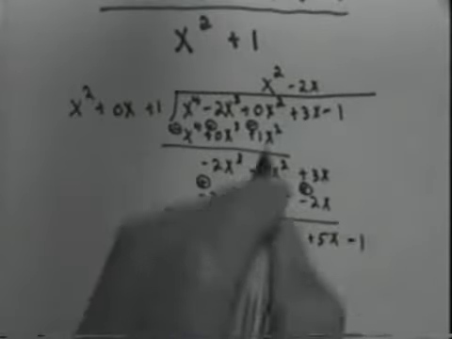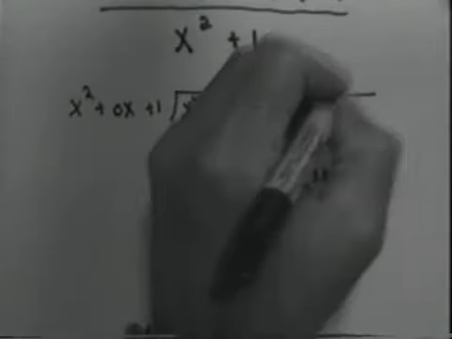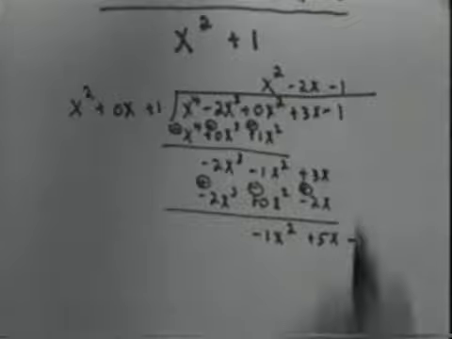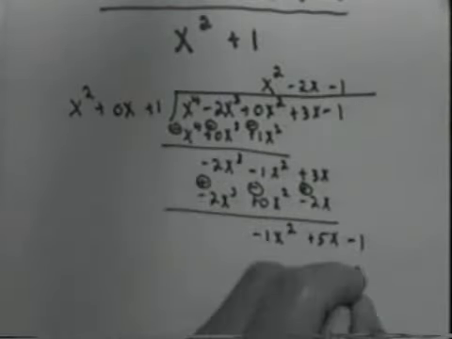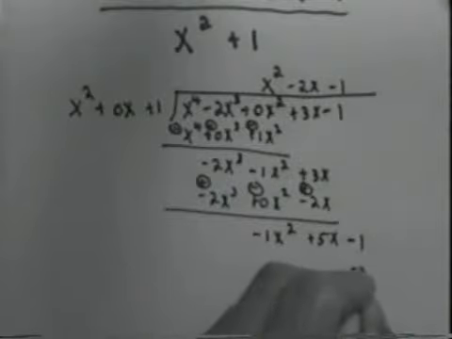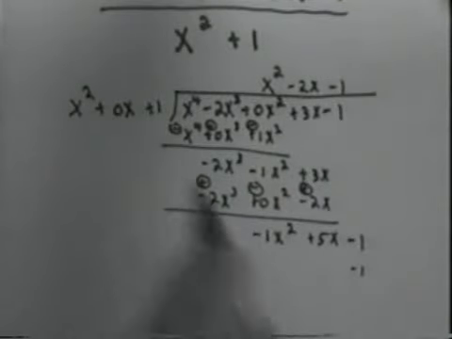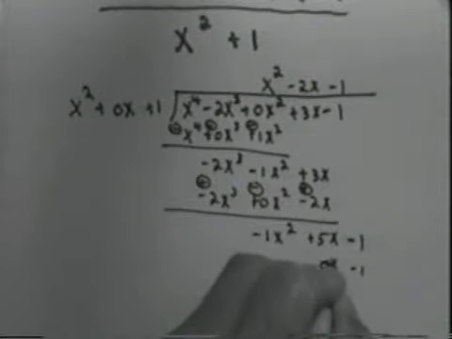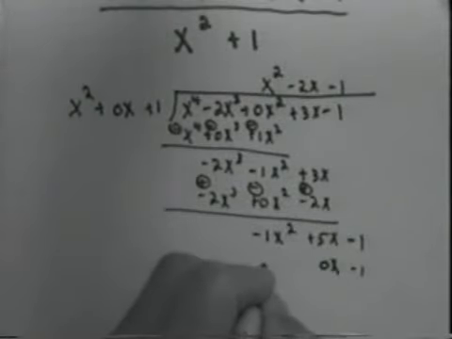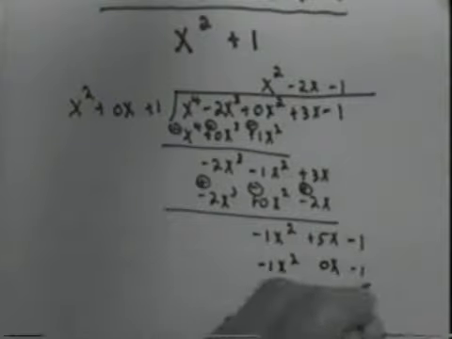X squared into a negative 1x squared is a negative 1. Once I divide, I multiply. Negative 1 times a positive 1 is negative 1. Negative 1 times 0x is 0x. Negative 1 times x squared is negative 1x squared.